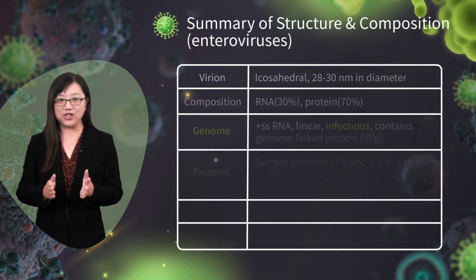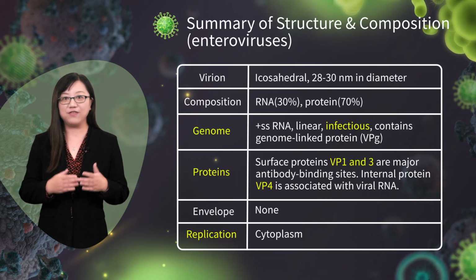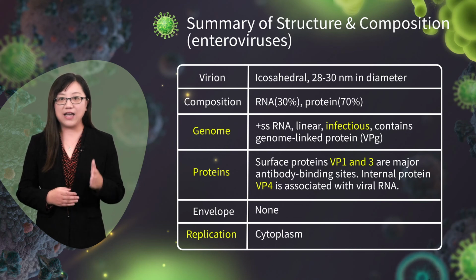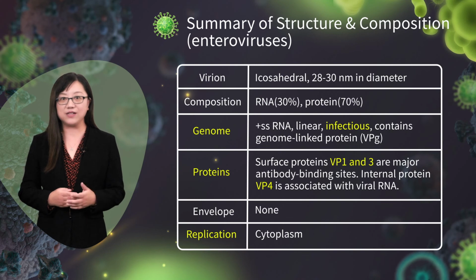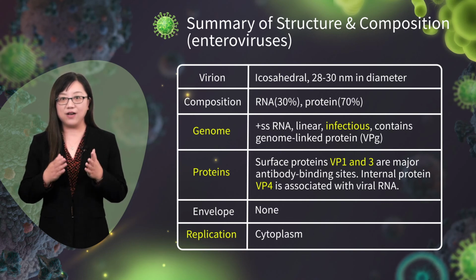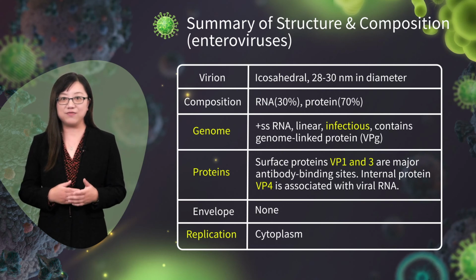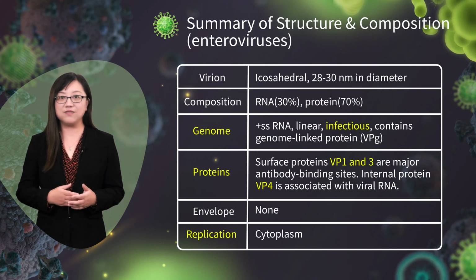Summary of structure and composition of enteroviruses. Virion: icosahedral, 28 to 30 nanometers in diameter. Composition: RNA 30%, protein 70%. Genome: positive sense single-stranded RNA, linear.